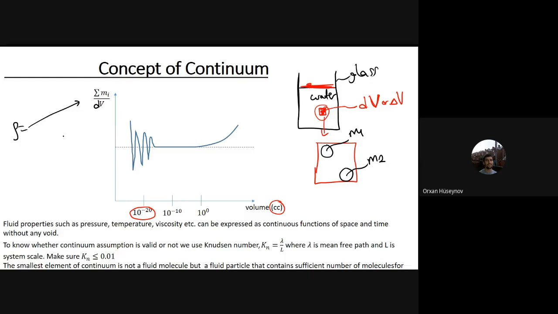But the problem here is that these are the molecules inside the system, but the system is very small. As it is very small, it is possible that one molecule comes inside that system. And it's also possible another molecule leaves the system. It is also possible two more molecules come into that system. You can see the volume is constant, dV is constant, but the mass inside the system changes with time.